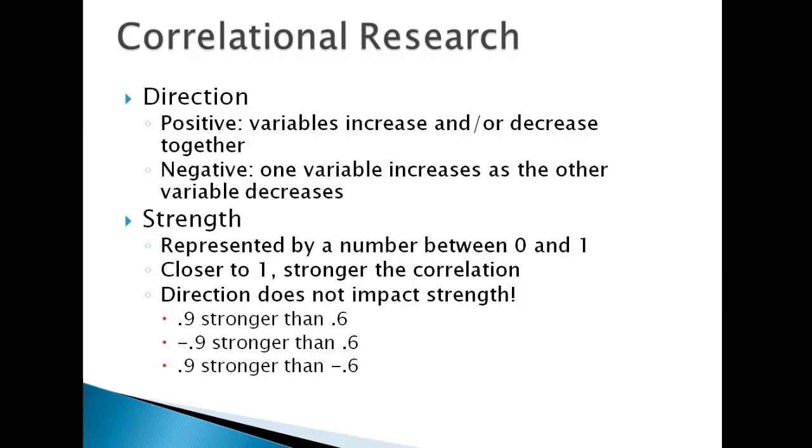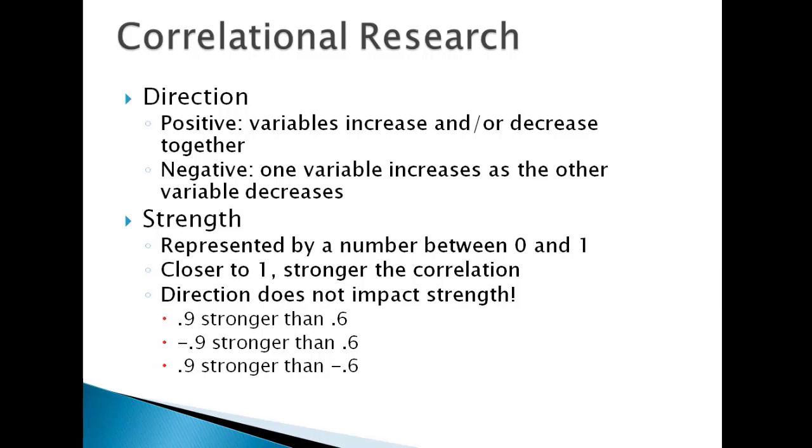So we need to know the direction of a correlation. To say that two variables are correlated doesn't tell us a whole lot without knowing the direction. But we also need to know the strength, because the strength tells us how strongly they go together. Do they go together all the time or only on occasion? So the stronger the strength, the higher the strength, then the better the prediction. So correlational research is allowing us to make a prediction.